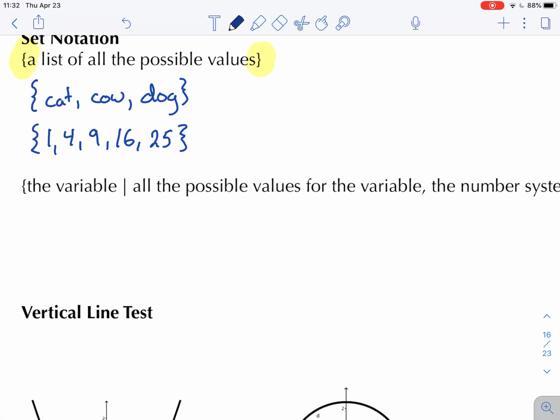Now, sometimes a list of values is impossible. Sometimes we need a whole bunch of numbers. So here is a set for all of the natural numbers.